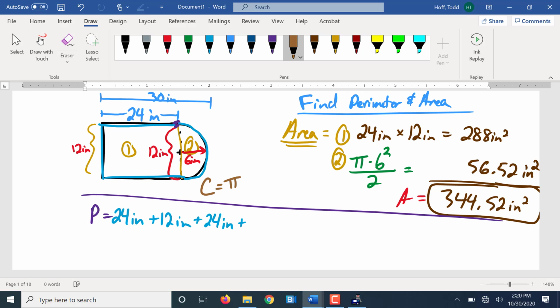Well, the circumference of a full circle would be pi times diameter, right? So pi times 12. It's a half circle, so we divide that by 2, which gives us 18.84. So we add that all up, that is what, 78.84 inches of perimeter.